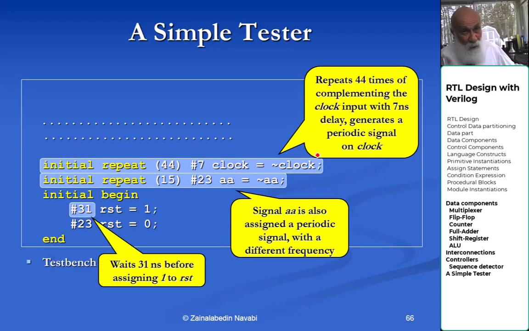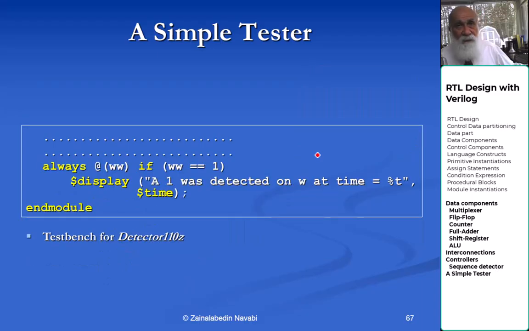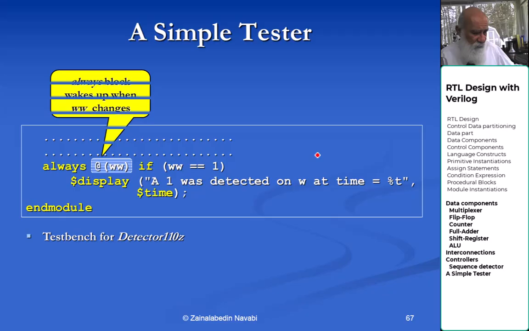It's already 1, so it stays 1 beyond 31 until 23 nanoseconds after that. Then it becomes 0, and then let the circuit perform its regular operations. And then this is where you report your output. This is sensitive to the output W. That means anytime W changes, come into this, and then if it is 1, then report.